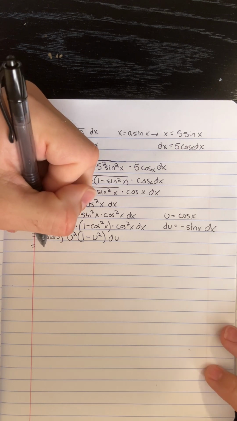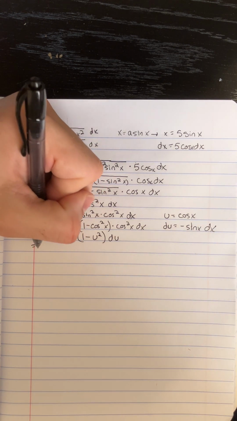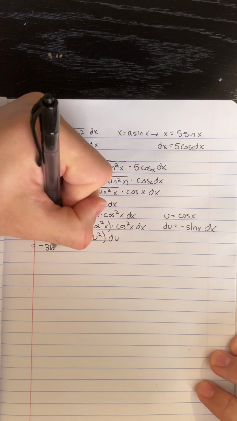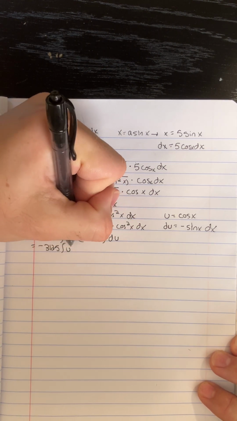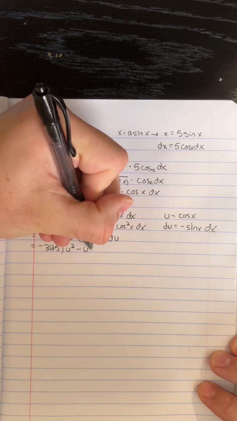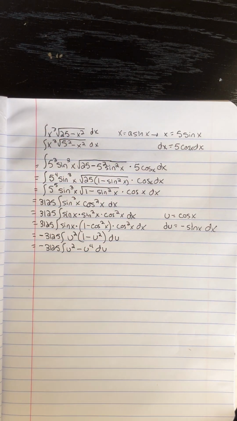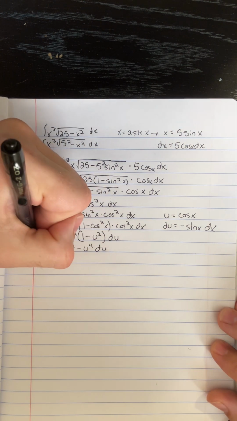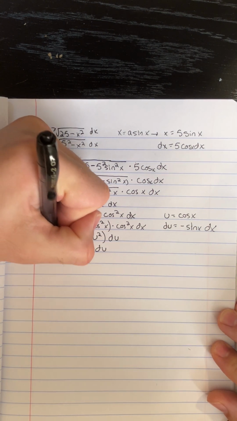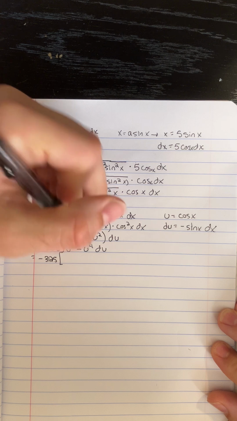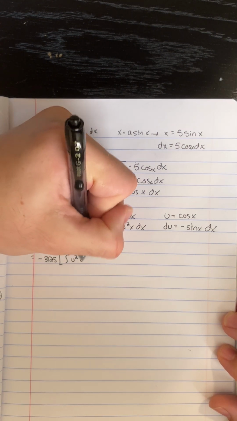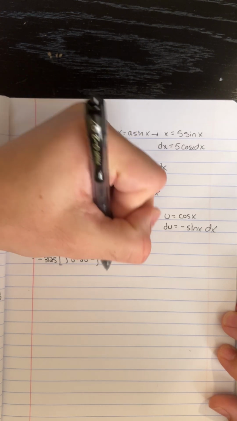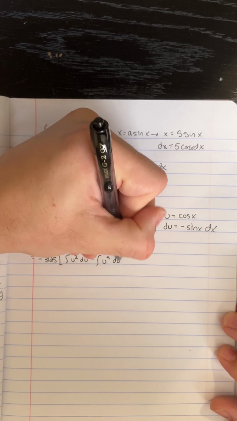This then is going to equal, when we factor that through, negative 3,125 times the integrand of u squared minus u to the 4th du. And then we can break this apart into two separate integrals. This will become negative 3,125 times the quantity of the integrand of u squared du minus the integrand of u to the 4th du.